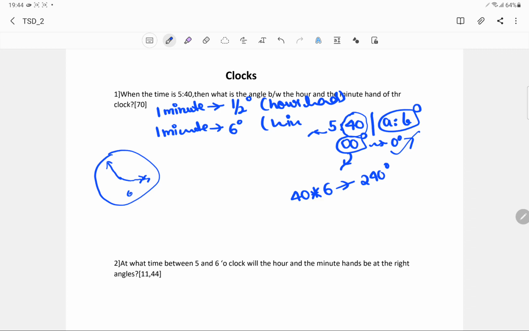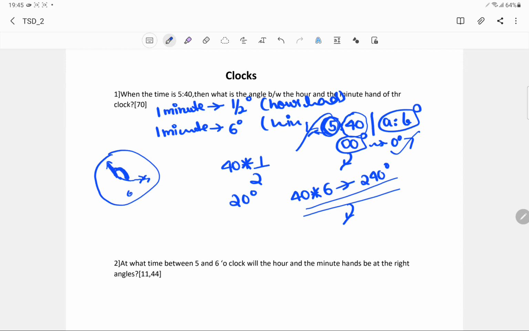Okay, so after 40 minutes the amount of degrees that it will move is 240 degrees. Now for these 40 minutes, what would be the movement of the hour hand? That is 40 into half, that is 20 degrees. But the hour hand is also concerned with the hours, because it has already moved with respect to 12.